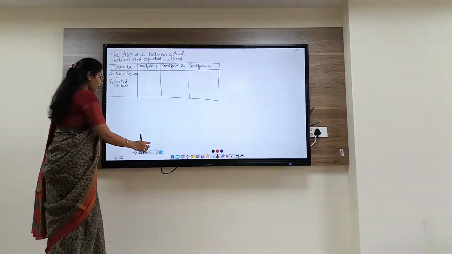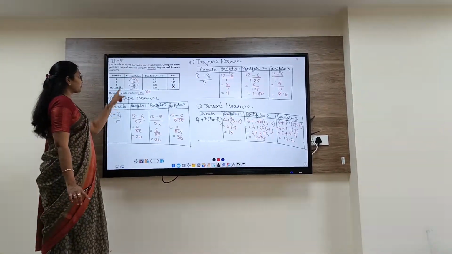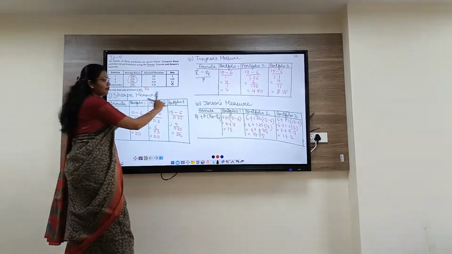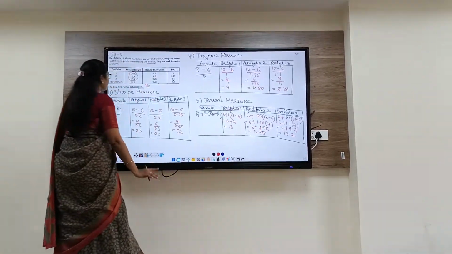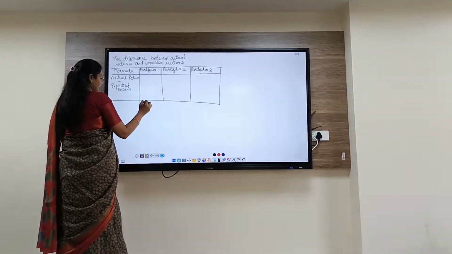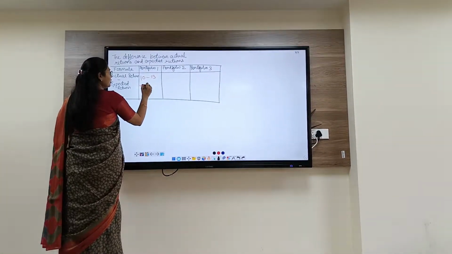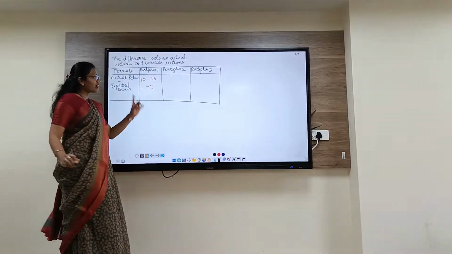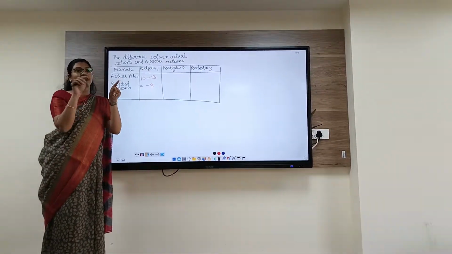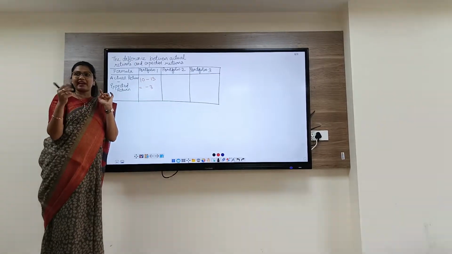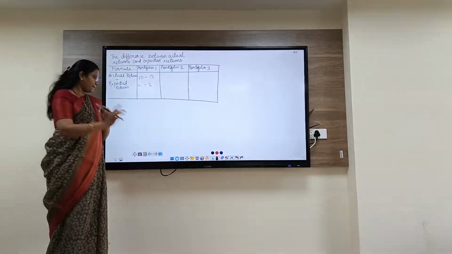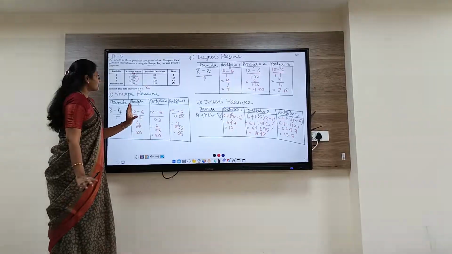Now let's see portfolio 1: 10 was actual. What did we get? 13. So 10 minus 13 will be equal to minus 3. Either you write it as minus 3 or write 3 in brackets, because bracket implies subtraction, that amount is in the negative form.